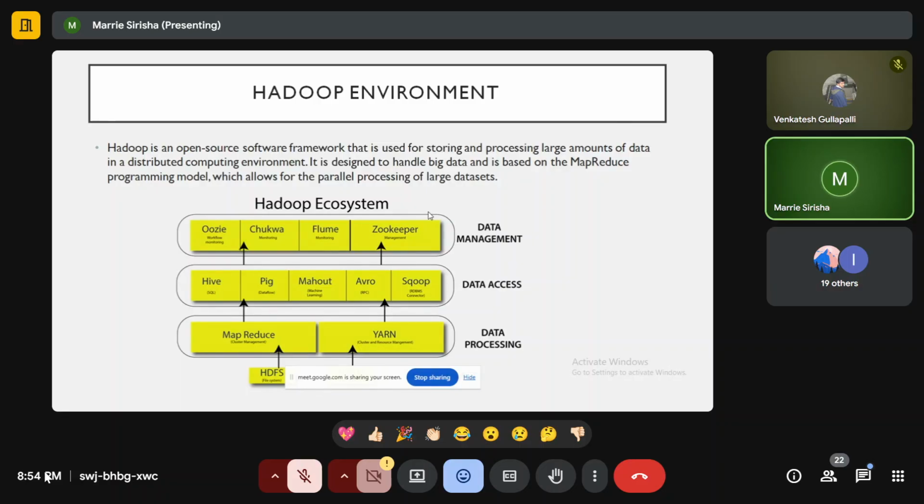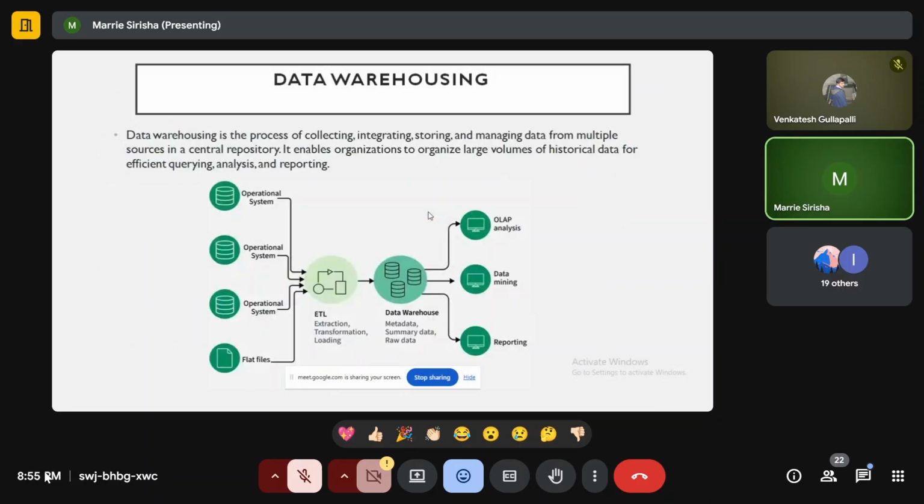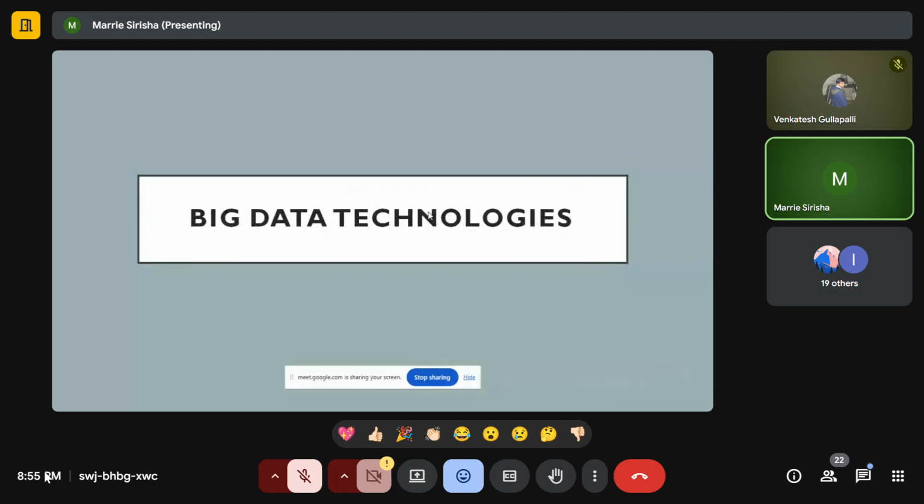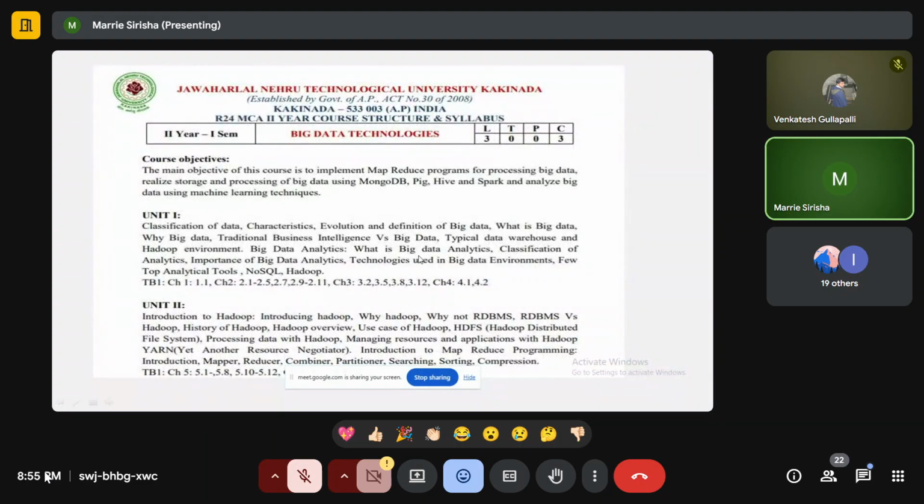What are these roles, what does each role have to do, what are the components in data management, what are the data components, and how can the data be processed? This is how the whole ecosystem works. In depth, you need to know that, it is there in your syllabus. If you look at the syllabus, in the second unit you have Hadoop.